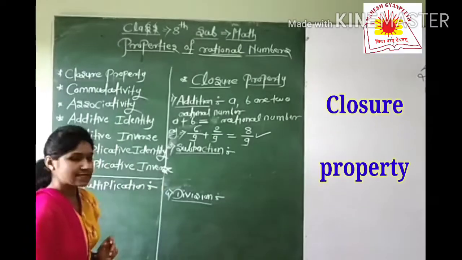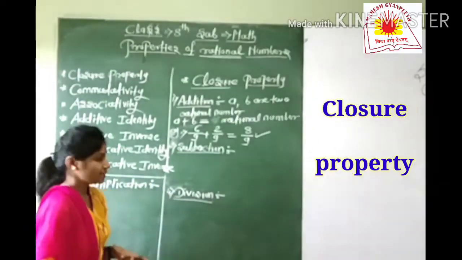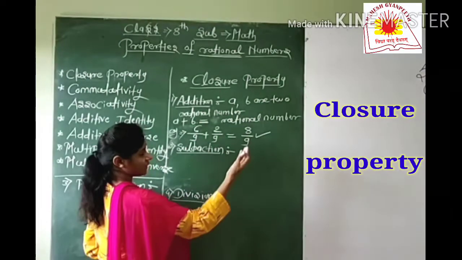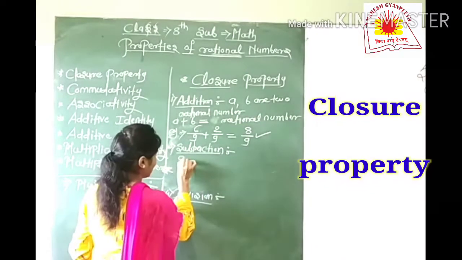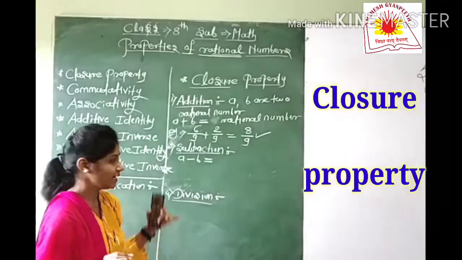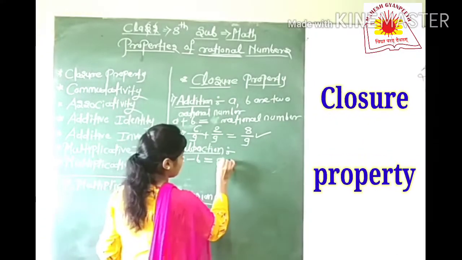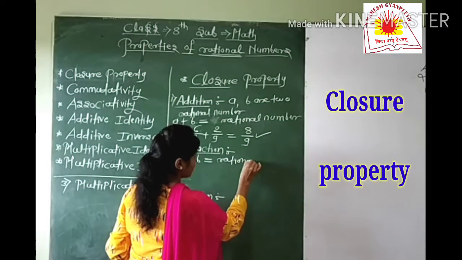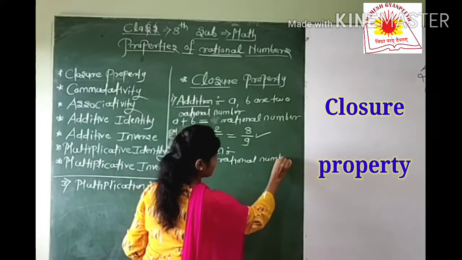Then second, subtraction. Again A and B are two rational numbers. Then A minus B: if we subtract two numbers, their difference is also a rational number. We have to check it.